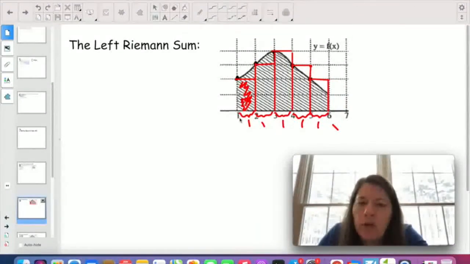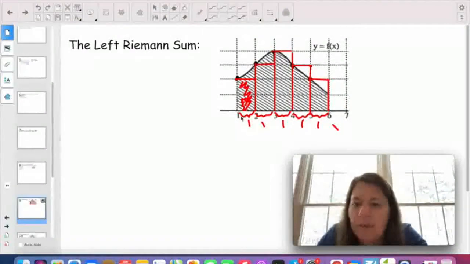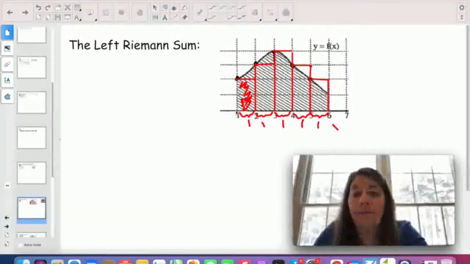And so if we talk about the heights, since this is a left Riemann sum, the height of each rectangle is going to be what the function is at the left part. So if we put 1 in to the function, we should get 2 because that's what the y value is in the graph. So I'm going to put the heights of each of these rectangles in so that we can see what our total area would be.